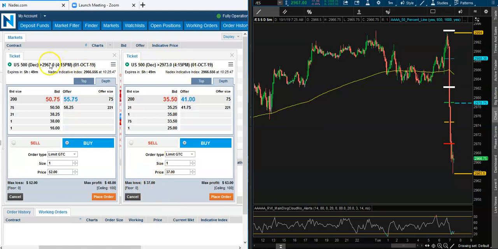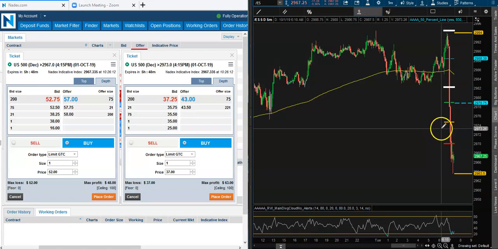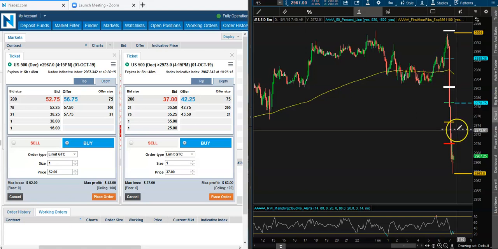Now, why would we do the 67 versus the 73 or vice versa? Well, this contract will only cost us $37, so we have less risk and more profit. But our break even won't be until 73, which would be where this white line is right here on the chart.